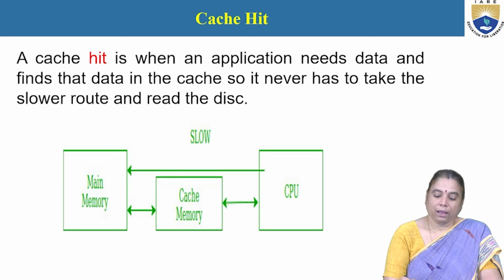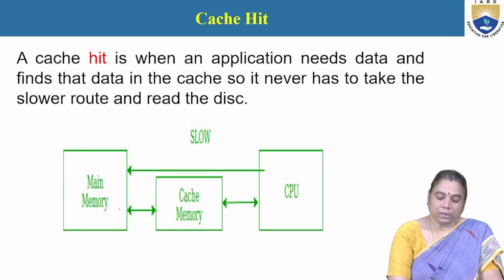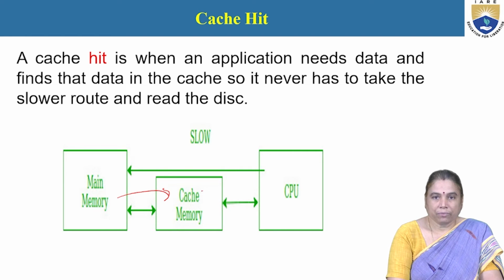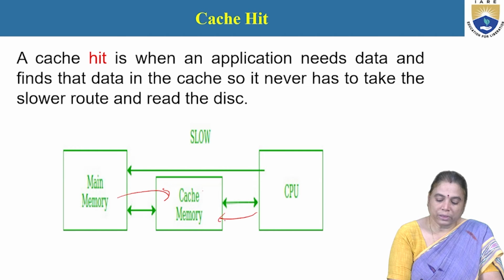But some of the most frequently used instructions can be transferred from main memory to cache memory. A copy of some main memory part is maintained in the cache memory. If the required instruction is available in the cache memory, the CPU first looks into this cache memory for that instruction.